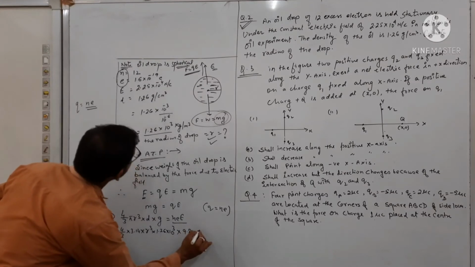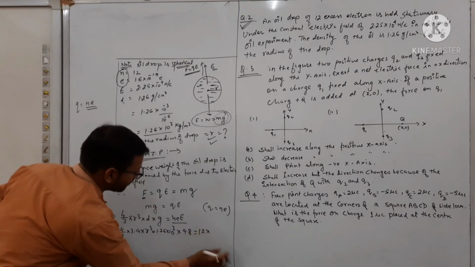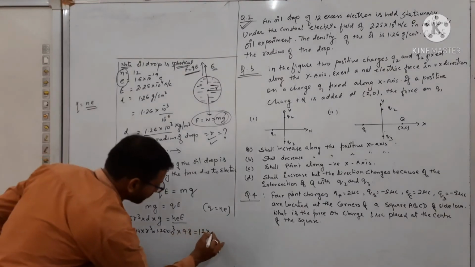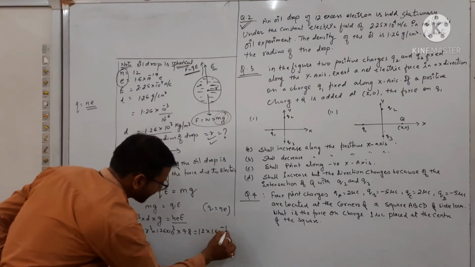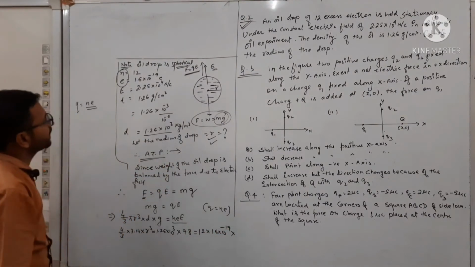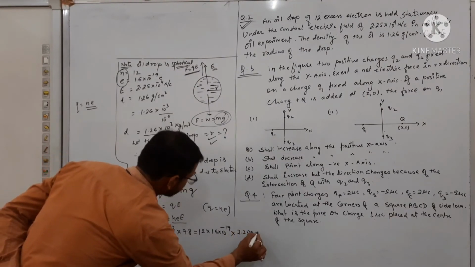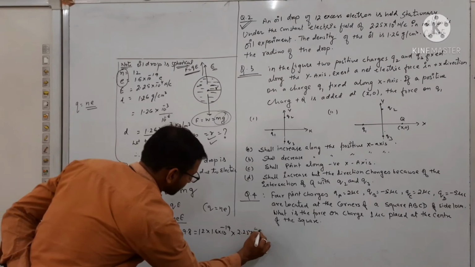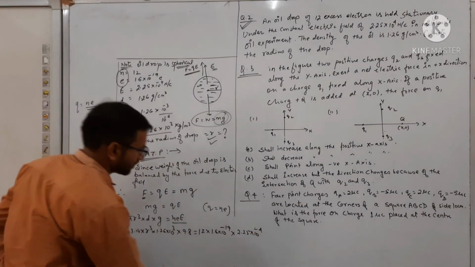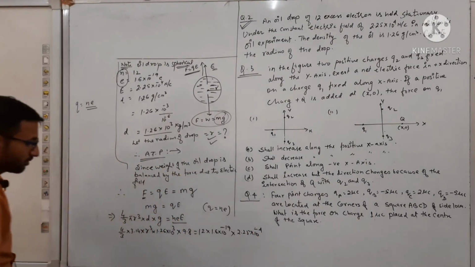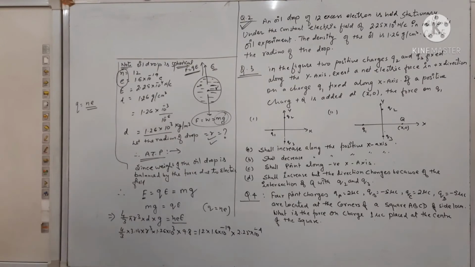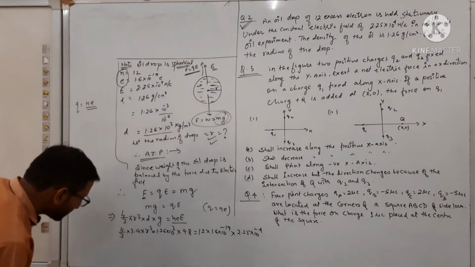So the number of electrons I have from the question is 12, and the charge on one electron is 1.6 into 10 raised to the power minus 19, and the electric field is 2.25 into 10 raised to the power minus 4, and we will solve all the things here. Let's see what comes.